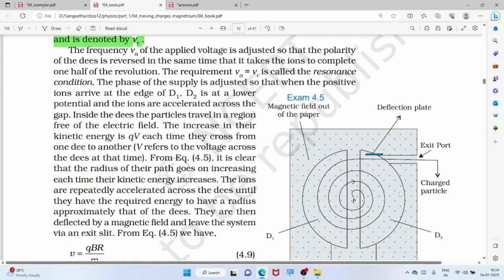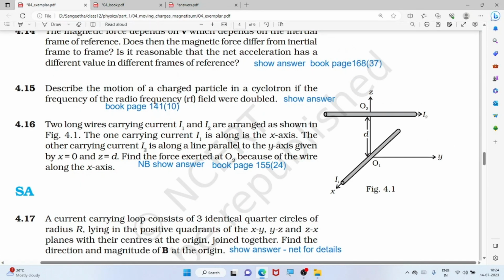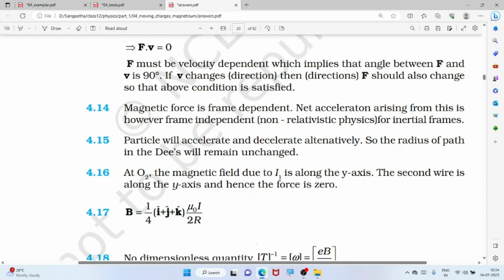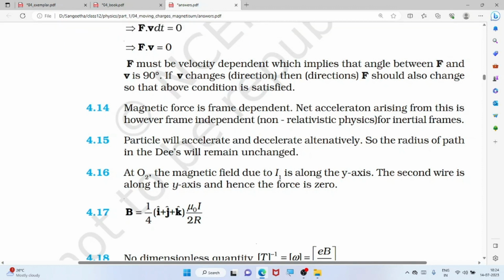Here you can go through how the cyclotron works. The particle will accelerate, then decelerate because they are changing the polarity of the disk. So the radius of the paths in the disk will remain unchanged.